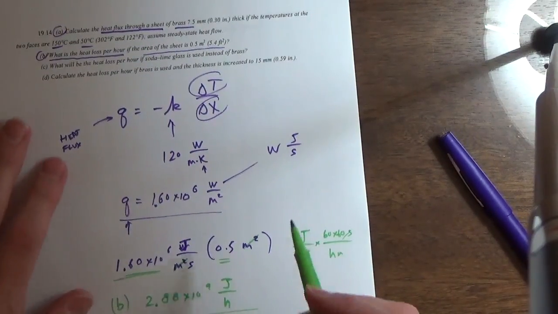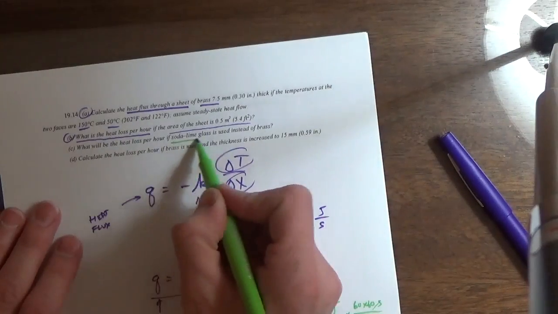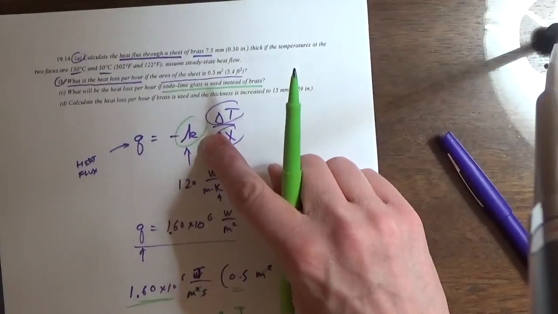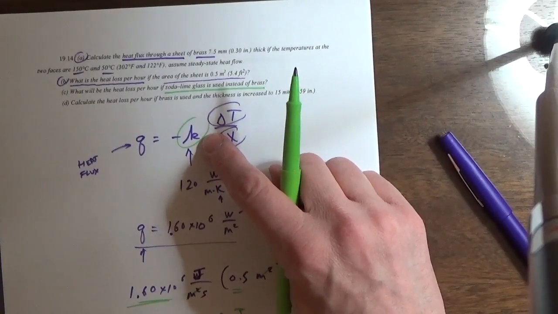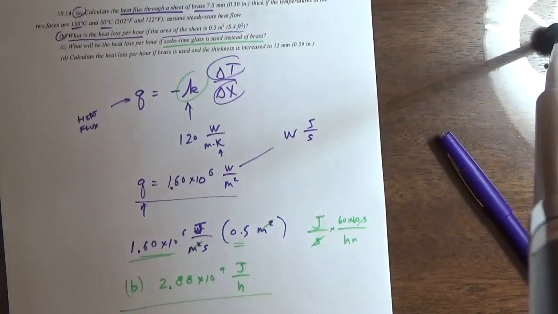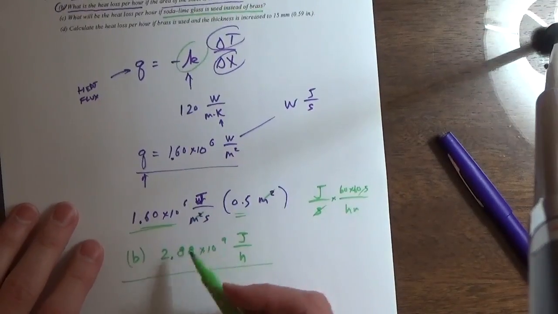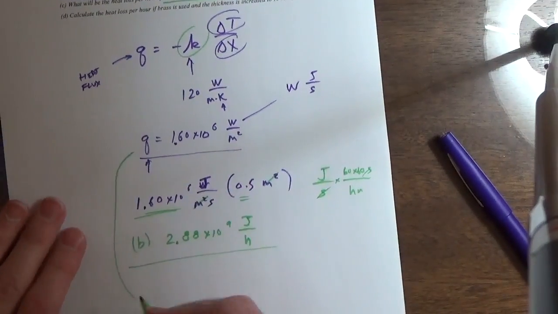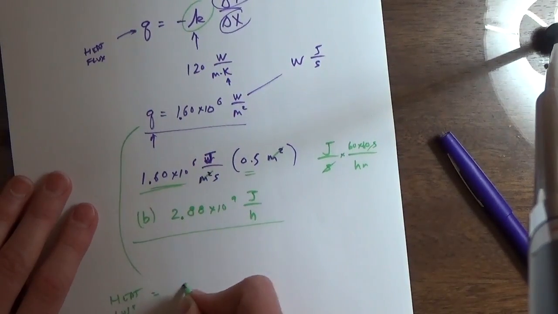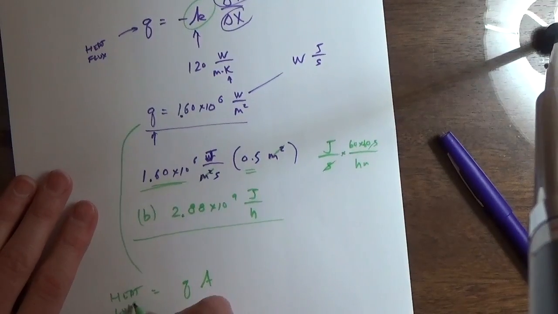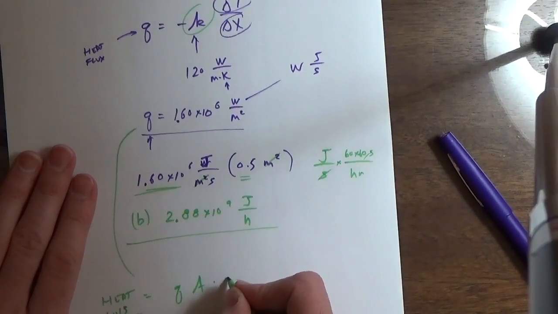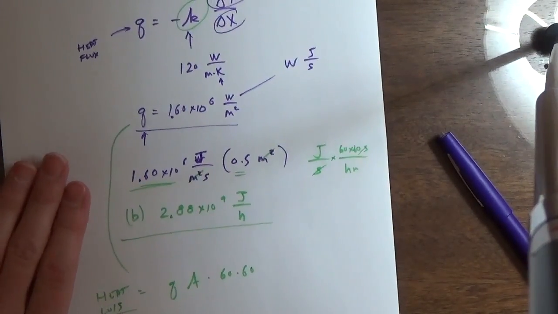Question now is, what if heat loss were stored to lime glass instead of brass? So basically we're saying, what happens if we change K? So let's go back here and say heat loss is equal to QA, that's heat loss per hour, QA times 60 times 60.